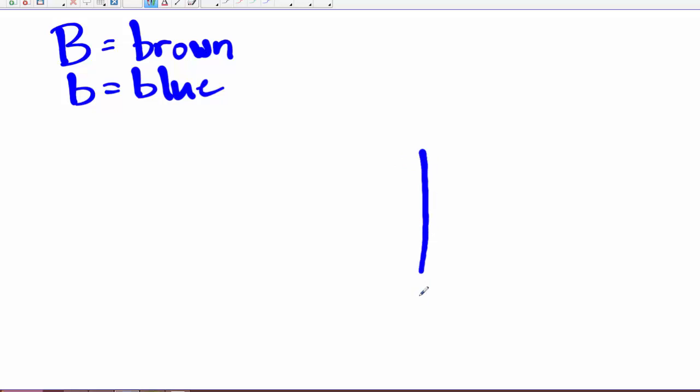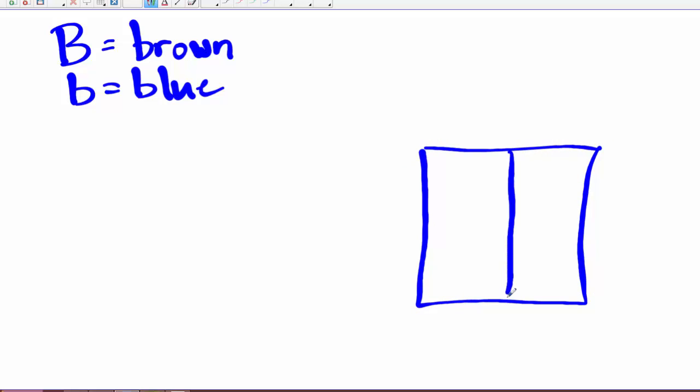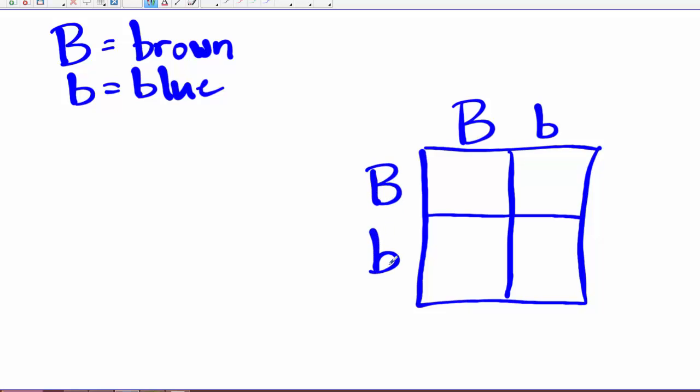They would have to both be heterozygous parents. Let me show you that cross. A brown-eyed parent who is heterozygous would be big B, little b. Phenotype-wise they would show brown eyes because this is dominant and it's going to show up. If they are crossed with another parent who is brown-eyed and heterozygous, let's see what our Punnett square produces.